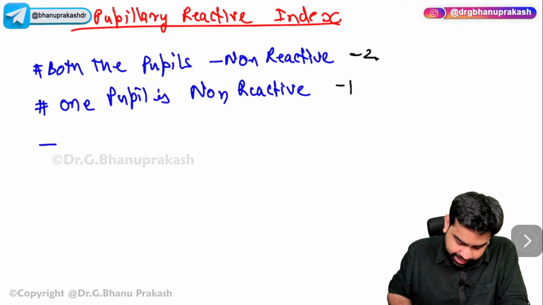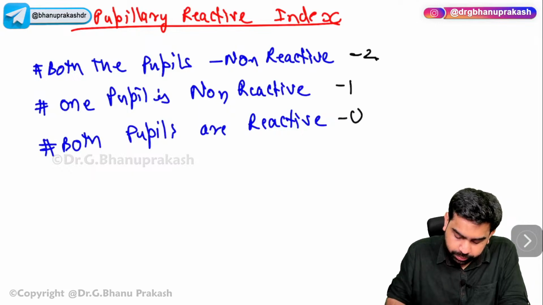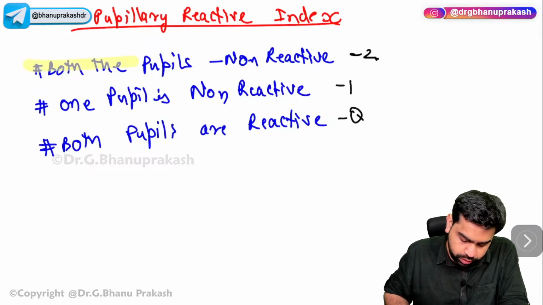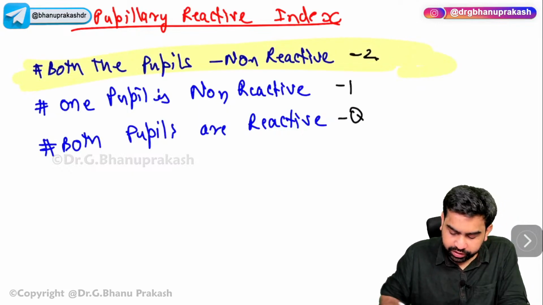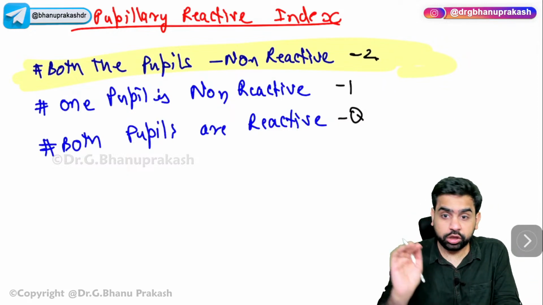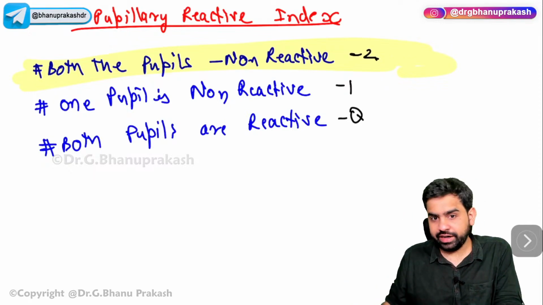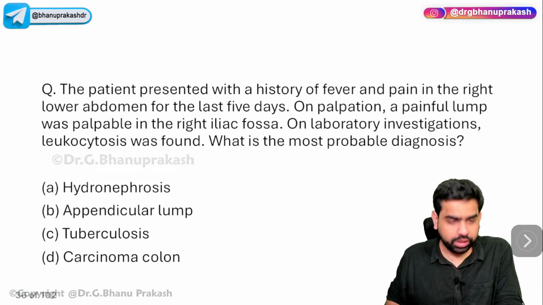And if both pupils are reactive, then it gets a value of 0. You understand my point? So don't mess it up. If both the pupils are non-reactive, then you give it a value of 2. Very, very important. This is what is referred to as your pupillary reactivity index. So this is all about the GCS which I wish to cover with you.